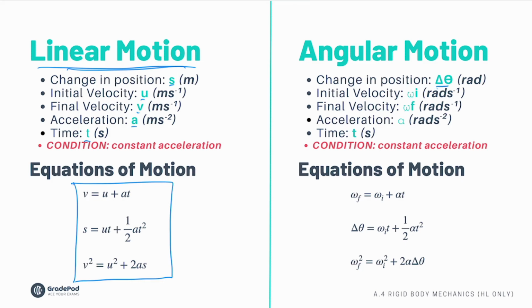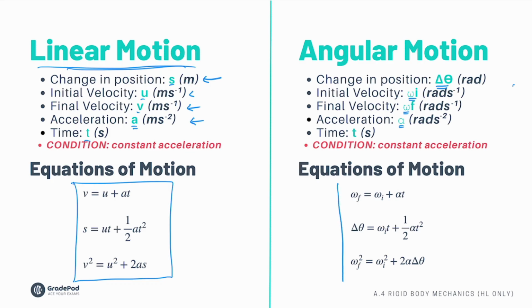Our change in position, delta theta, is similar to S. Our initial angular speed, omega I, is similar to U. Our final angular speed, omega F, is similar to V. Our angular acceleration, alpha, is similar to A. And time is the same. We can make up a set of equations that we can use to find out what the angular acceleration is, the change in position is, as long as this motion is experiencing constant angular acceleration.